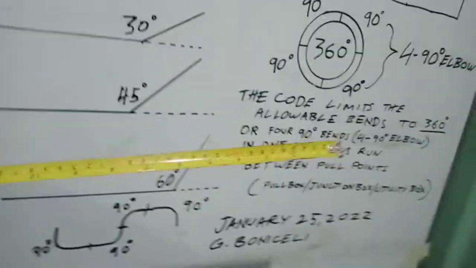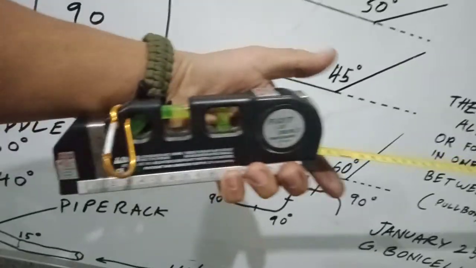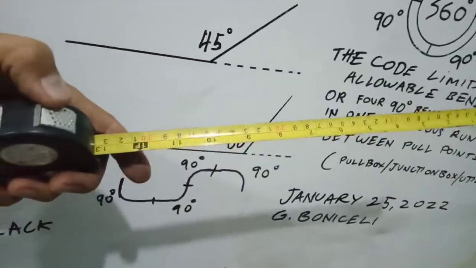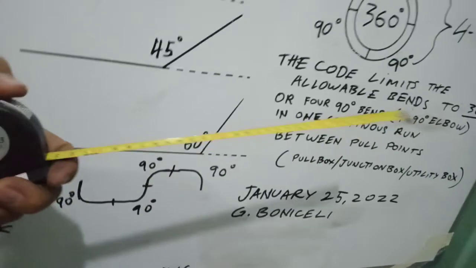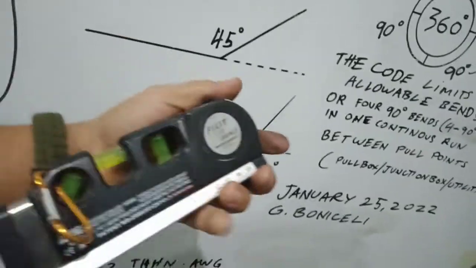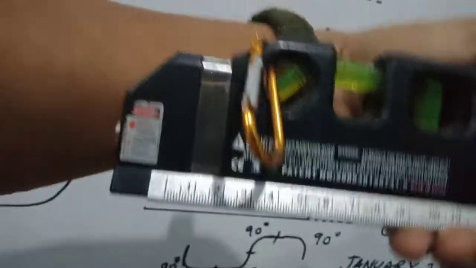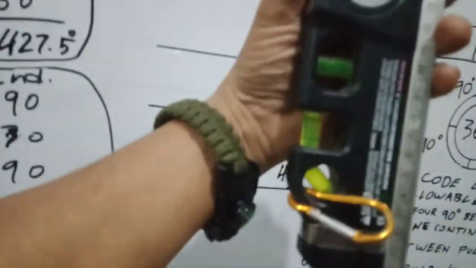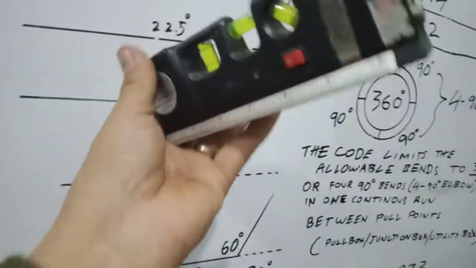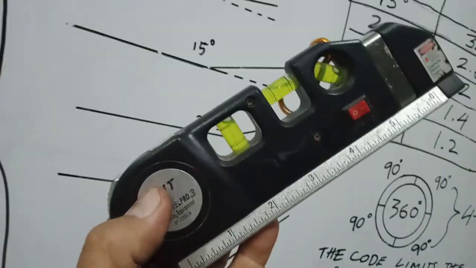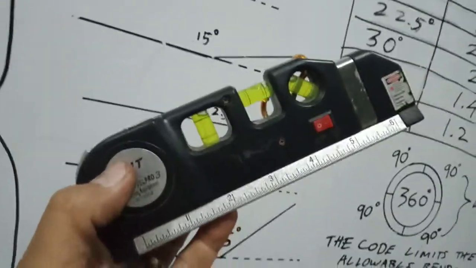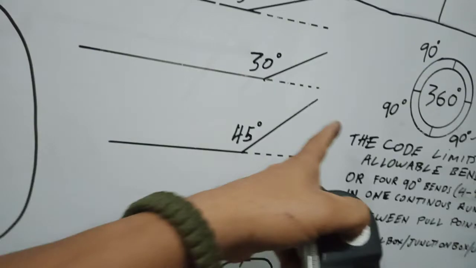It also has a tape measure, multifunction, multi-use. It has a horizontal spirit level, vertical spirit level, and then a 45 degree spirit level. It's fixed, if you want to utilize 45 degrees always.